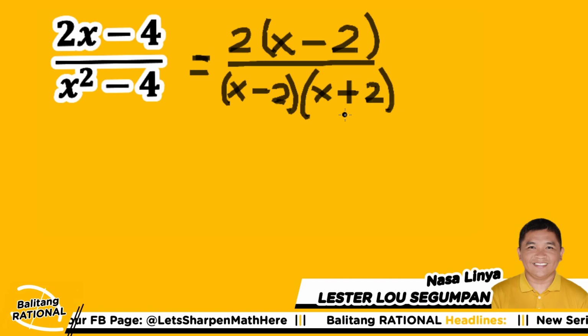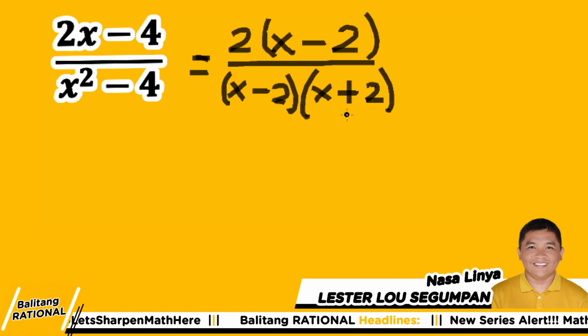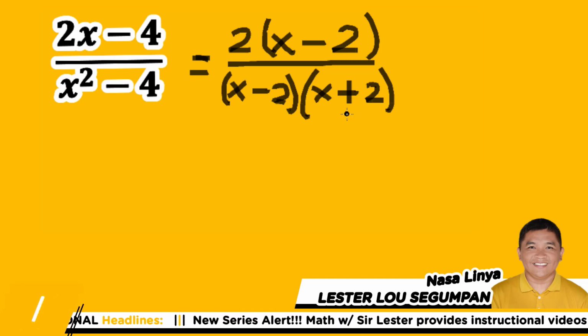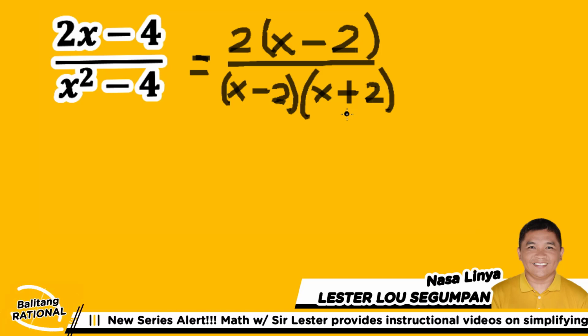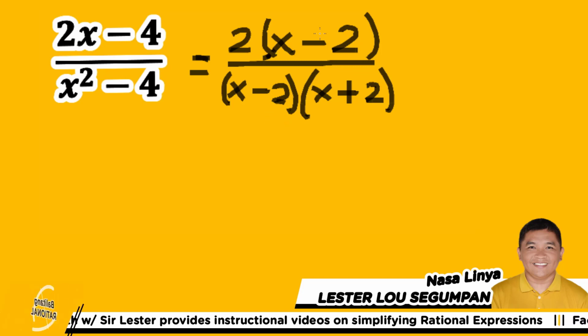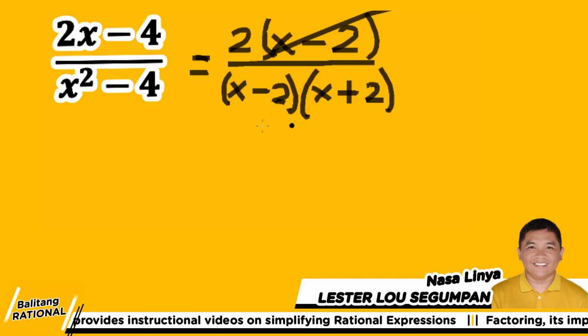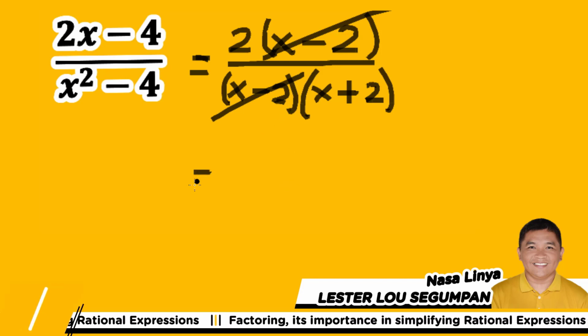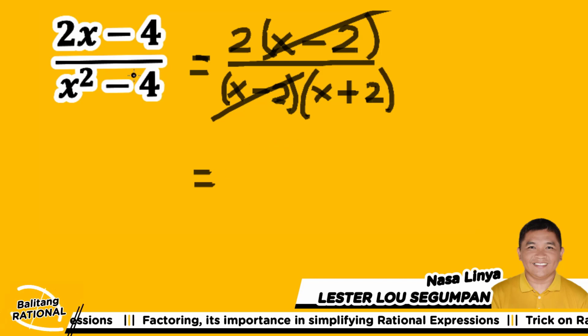And the cancellation law will only be useful if there are common terms in our numerator and denominator. Common terms meaning similar terms found in the numerator and denominator. And this is our x minus 2. So we have x minus 2 here, and we also have x minus 2 here. Okay? So once we cancel the x minus 2, what remains is the result of this process.